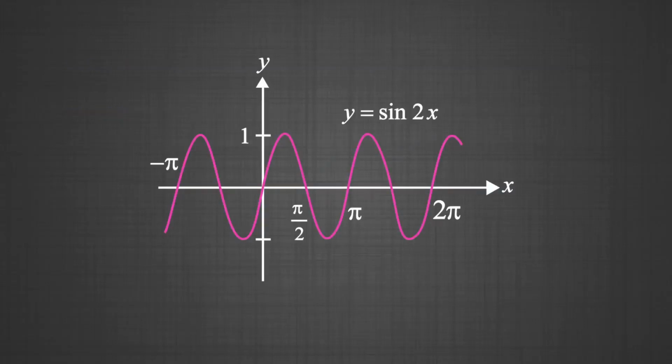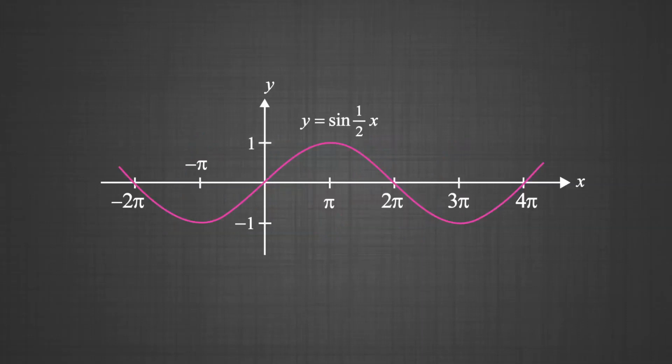Let us observe the graph of the function y = sin 2x. Since the period of sin 2x is 2 pi divided by 2, which is equal to pi, the graph completes one period in the interval 0 ≤ x ≤ pi.